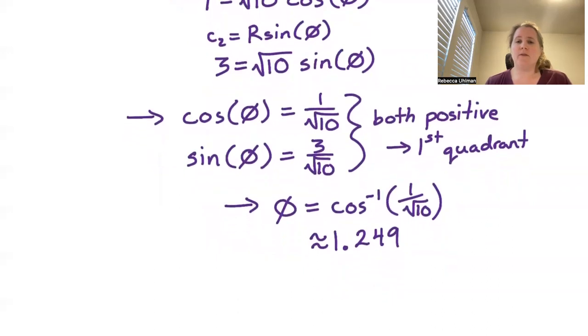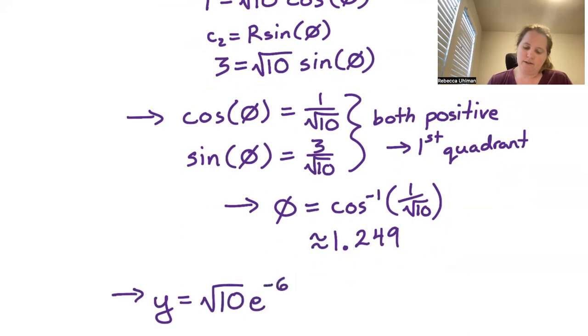It's not required for our time varying amplitude or our frequency or quasi period, but we can rewrite it fully if we want. So we get that y is equal to the square root of 10 times e to the negative 6t times cosine of 2t minus 1.249.